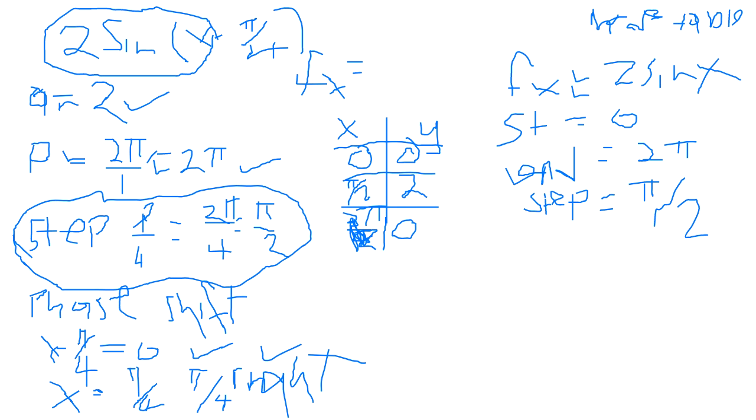Then our next one will be 3 pi over 2. It will give us minus 2. Then our last one will be 2 pi.